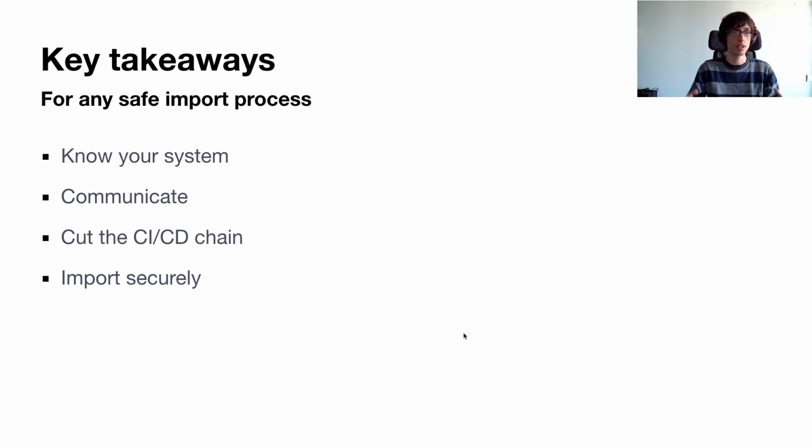If you are in the process, cut the CI/CD chain. Make sure that if something goes wrong, if you skip a check, if somebody can push, nothing is going to be applied, and you will be able to roll that back before any changes are applied into your infrastructure. Once you got everything done, you can import securely and you're good to go.